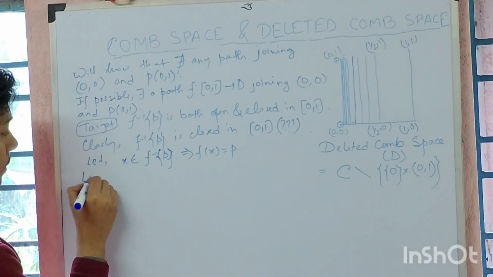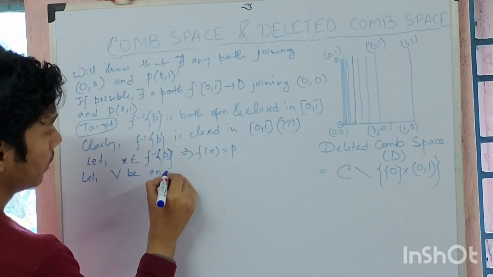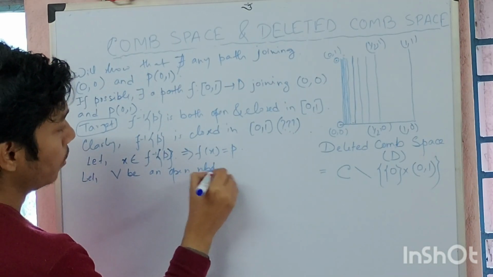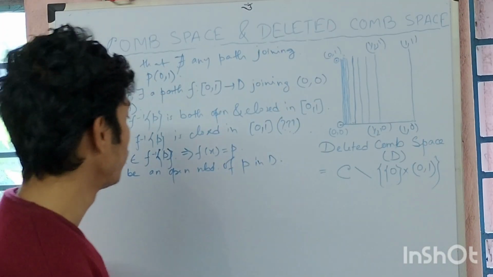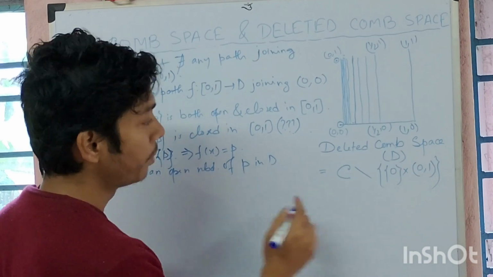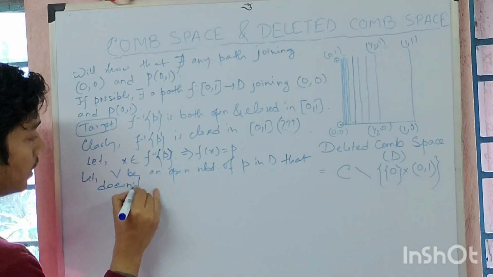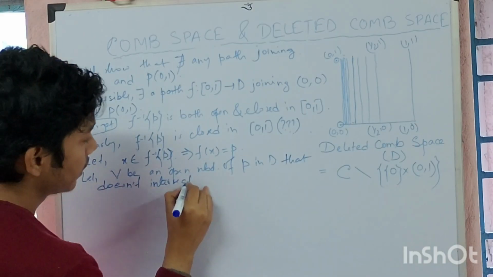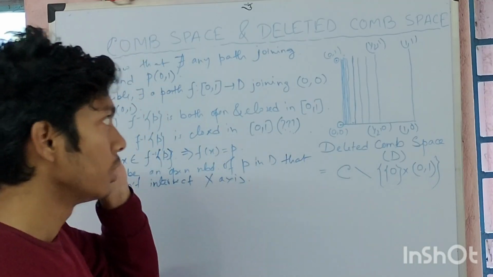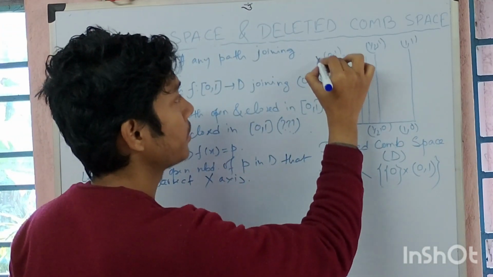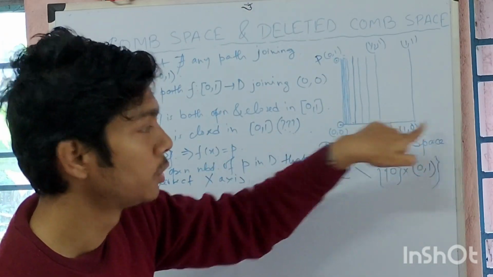Now let V be an open neighborhood of P in D. It's a very important thing that it doesn't intersect the x-axis. I am taking the neighborhood at the point P, this point is basically P, around it such that that neighborhood doesn't intersect this axis.